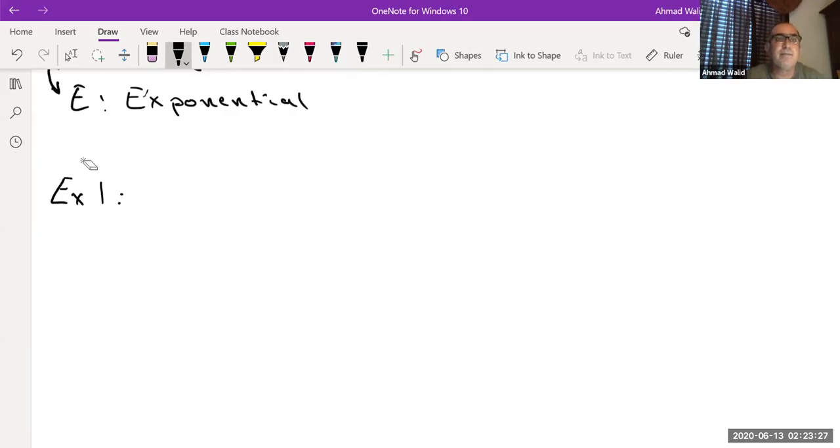Example number 1. Integral of x e to the power of x dx. Now, remember your word. Your word was L-I-A-T-E, LIATE.